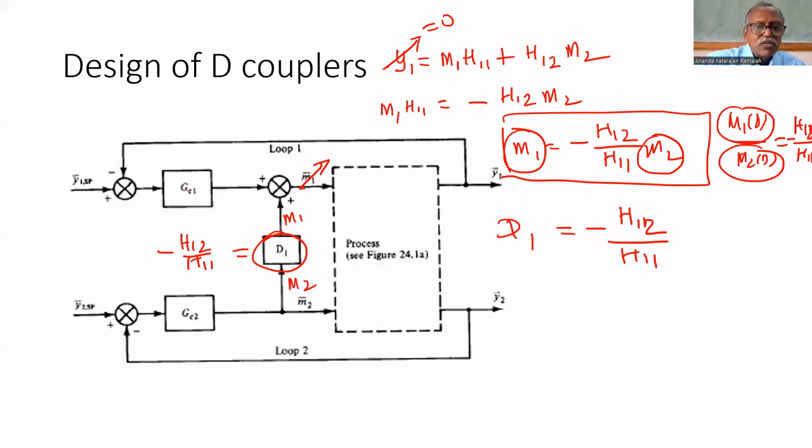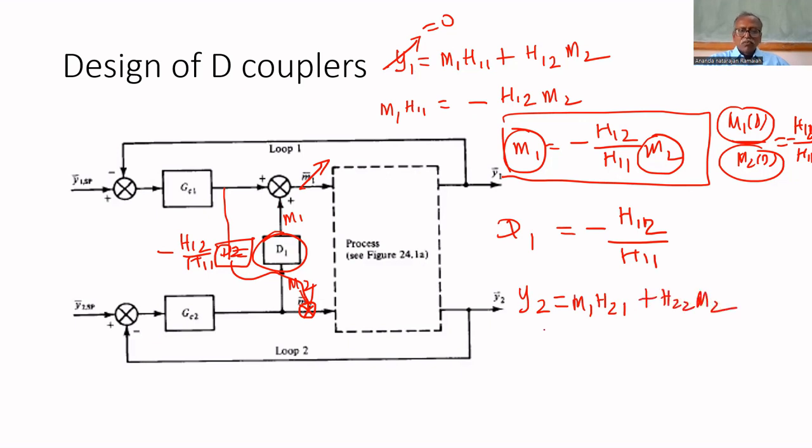In the same way, we can put another decoupler that will be added here. That is called D2. After this takeaway point, this will be added here. How to find D2? For that, we have to write this expression. Y2 equal to M1 H21 plus H22 M2. We have to keep Y2 0.